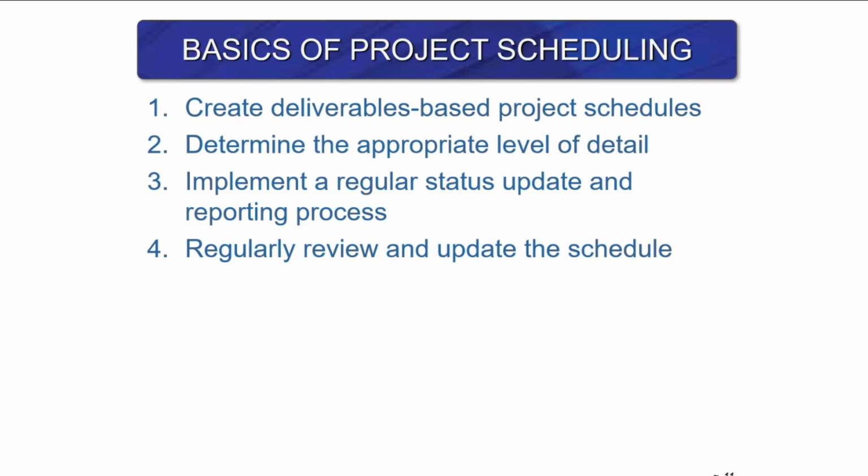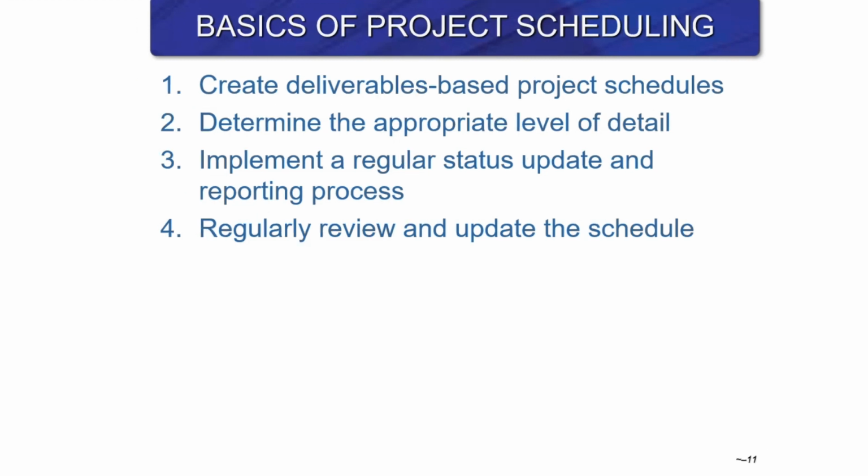It's not like you just give a big sketch and then people can start working on it. In certain situations, close details are really needed in order to instruct people to get started. But this needs to be well balanced by the project management. Implement a regular status update and report process, and regularly review and update the schedule.